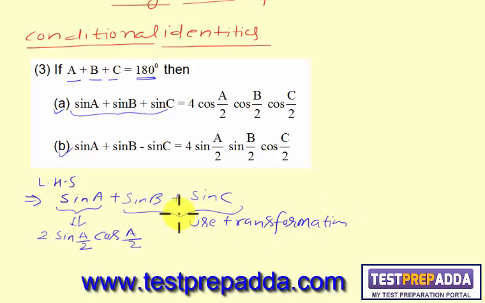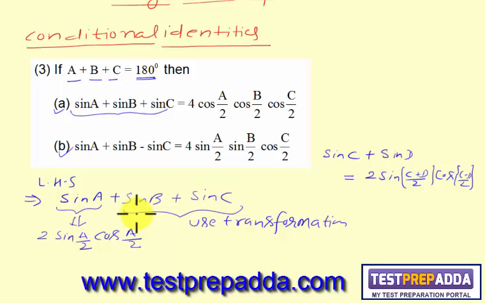So sin B plus sin C is what? I'll use the formula sin C plus sin D, that is 2 sin C plus D by 2 into cos C minus D by 2. I'll write the formula here for you. The transformation formula: sin C plus sin D is equal to 2 sin C plus D by 2 into cos C minus D by 2.